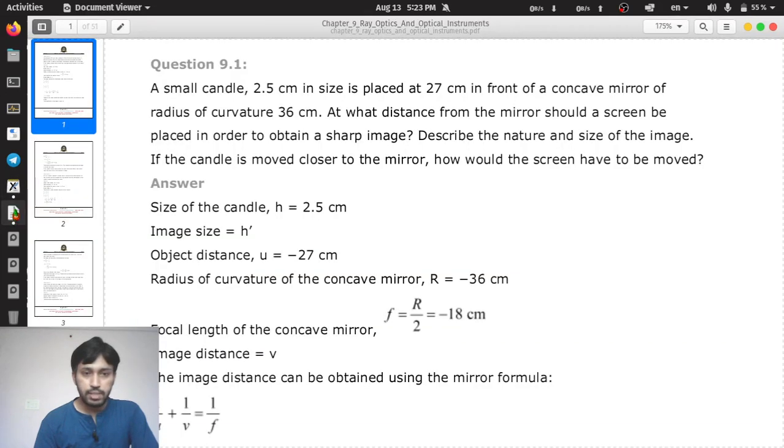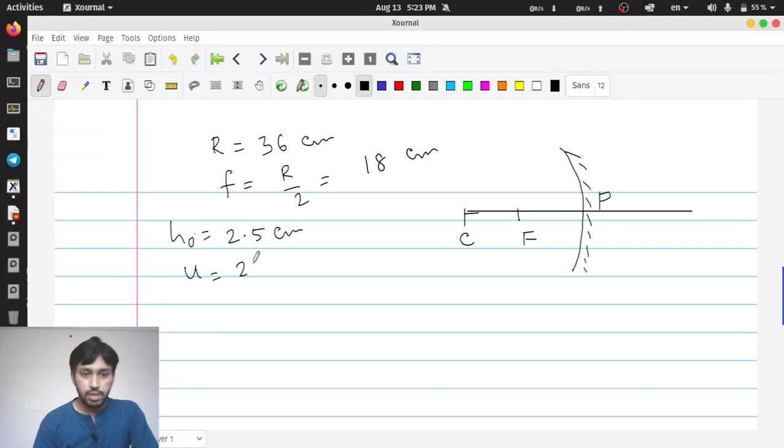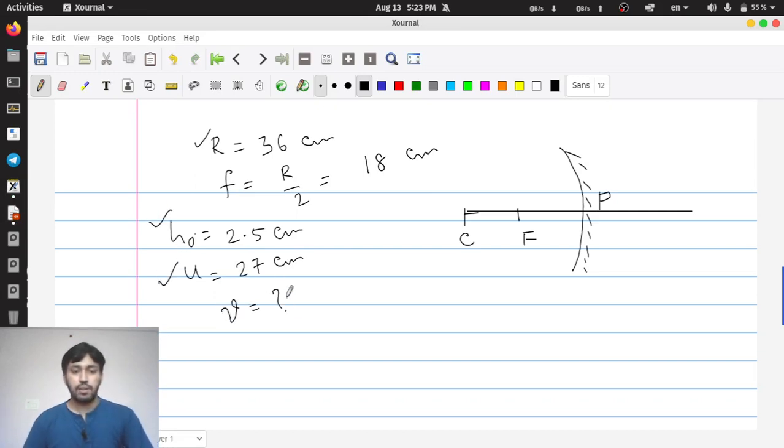All these things are given, and I have to calculate v, the image distance. So I have to apply the mirror formula, 1/v + 1/u = 1/f.